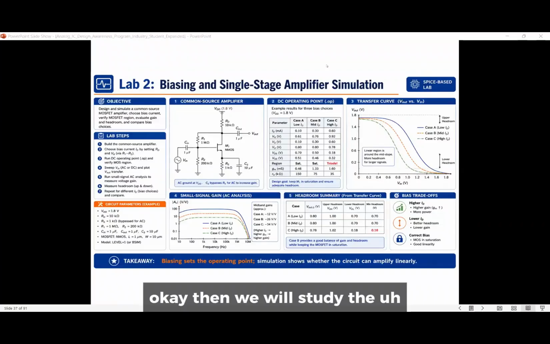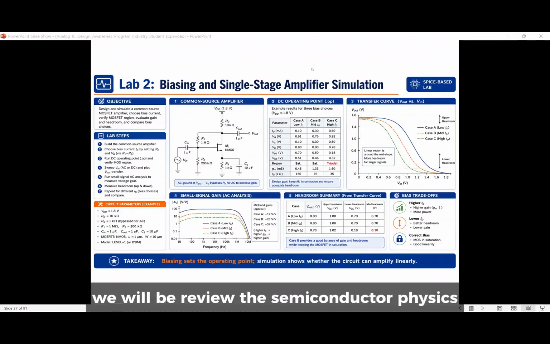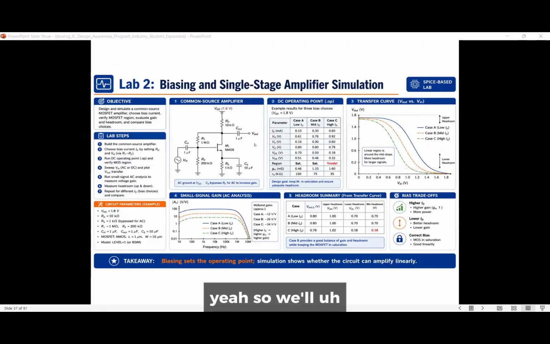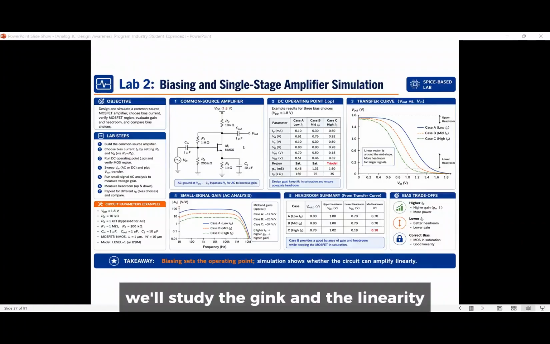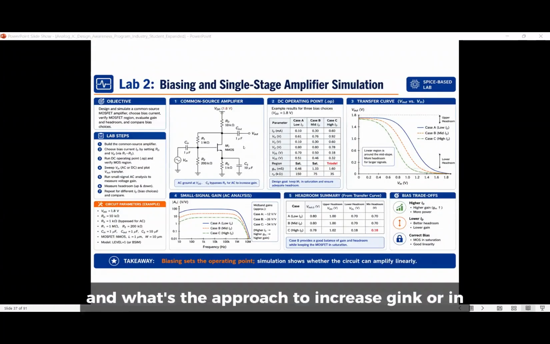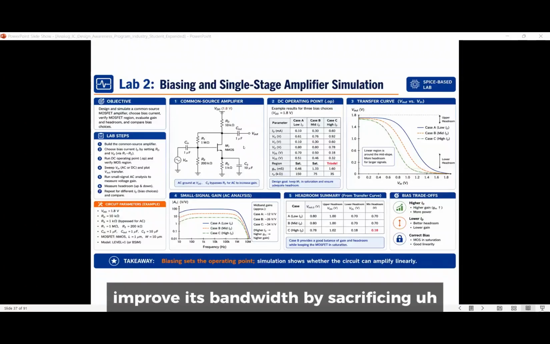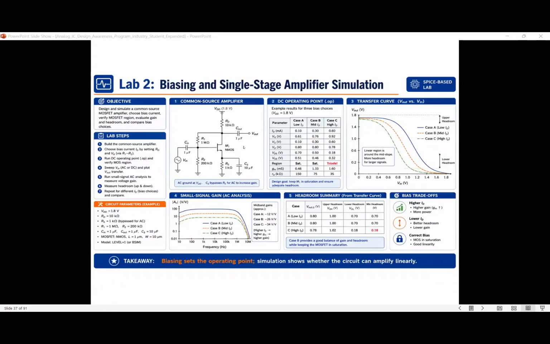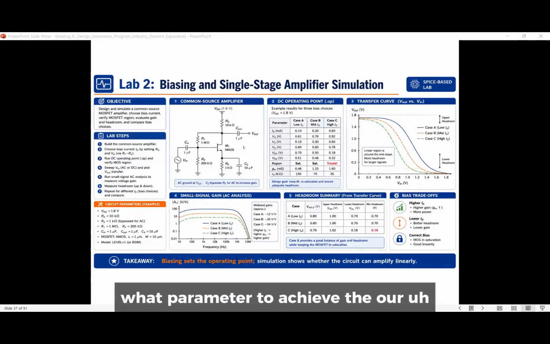Okay, then we will study the single stage amplifier. I think this is the first week's study, later after we review the semiconductor physics. We'll study the gain and the linearity, and what's the approach to increase gain or improve its bandwidth by sacrificing what parameter to achieve our desired gain.